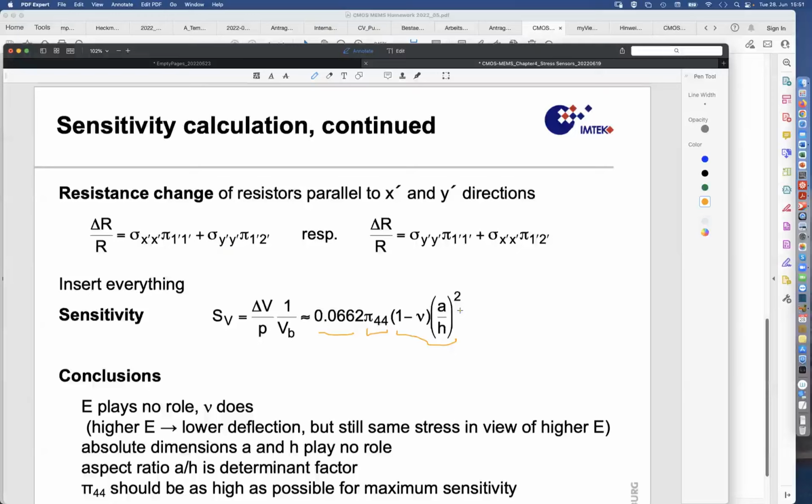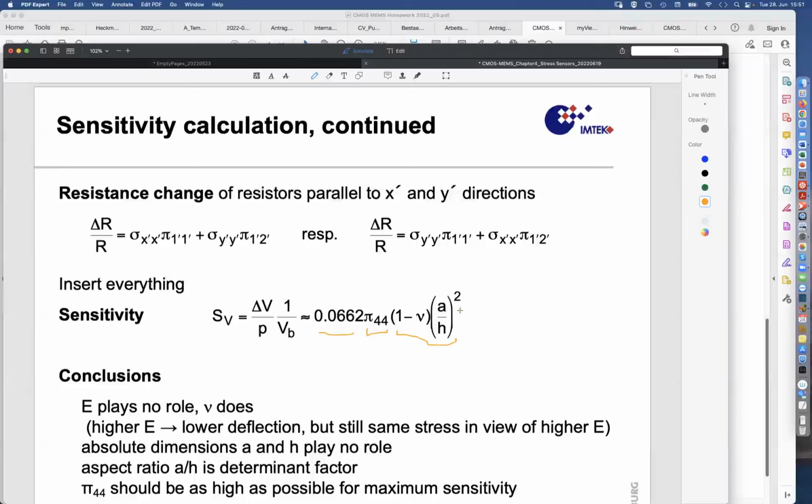But then you have to remember that this formula was obtained under the assumption of a linear response. And if the membrane is too large, it's not going to be linear for very large pressures. So this sensitivity only applies for sufficiently small pressures where the membrane remains in the linear regime.